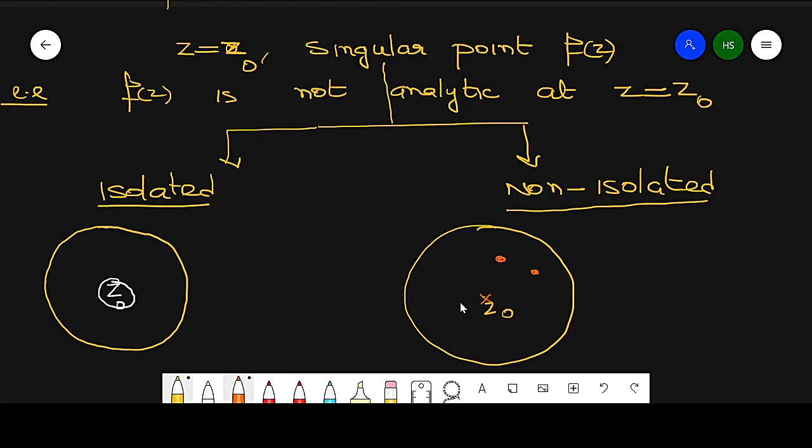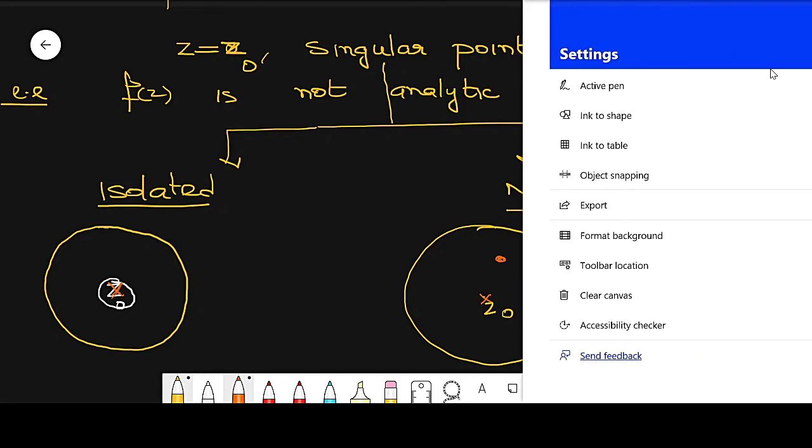So that is the difference. If it is the only singular point, then isolated. If it is not alone, it is a non-isolated singularity. So this is a very important definition that we will use in many other questions.